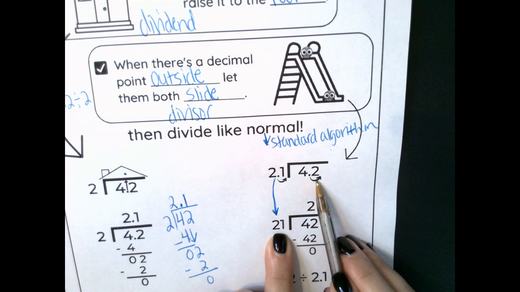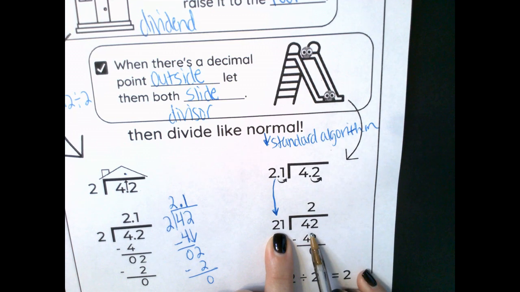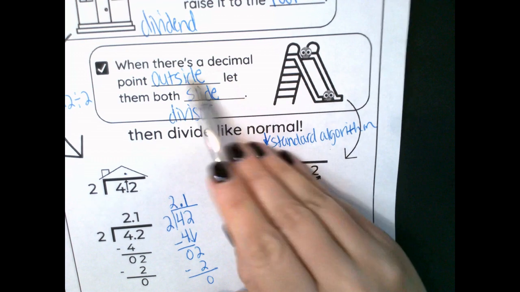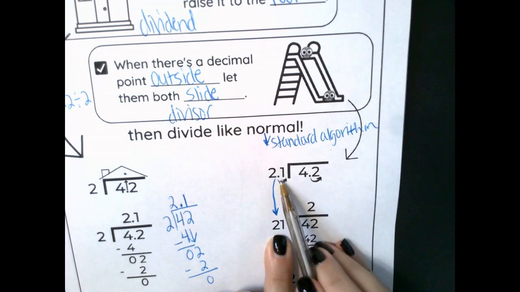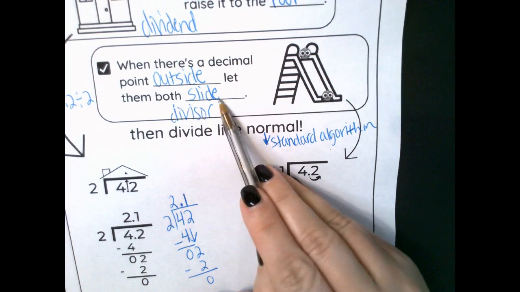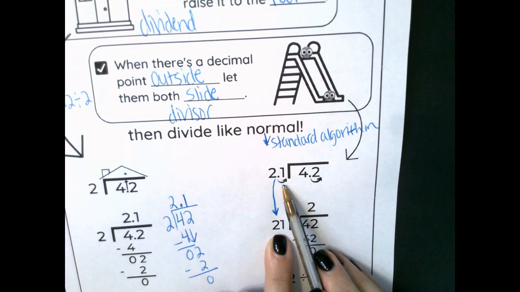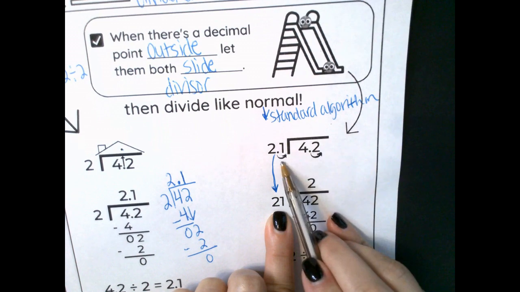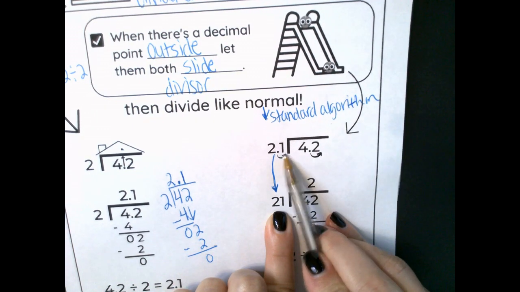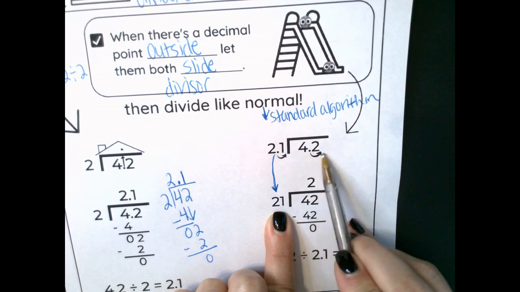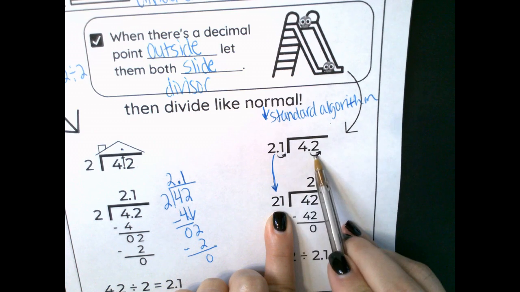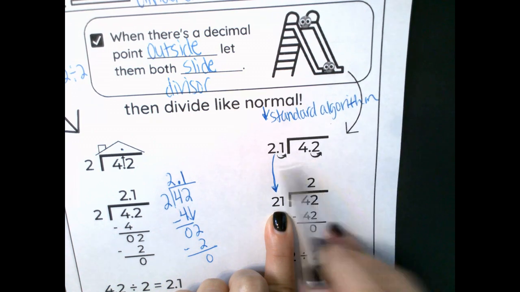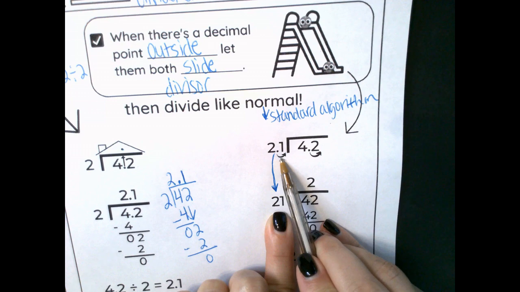So 4 and 2 tenths now becomes 42. That's what we mean by when there's a decimal point outside, we let them both slide. It's super important that you slide the decimal point in the dividend the same number of times that you did with the divisor.